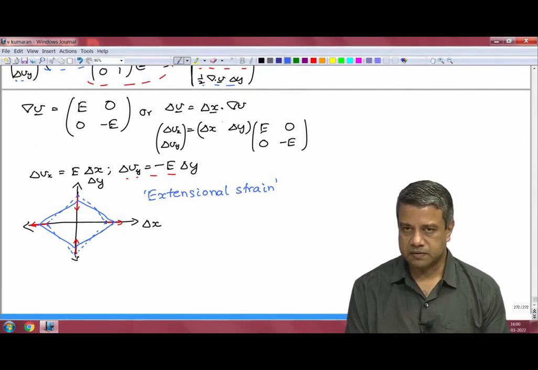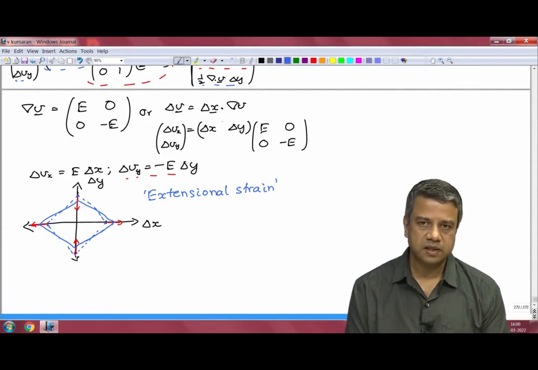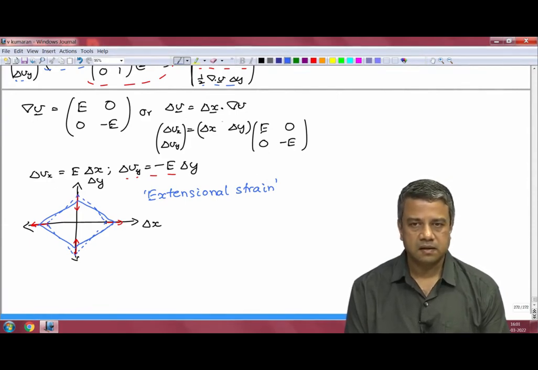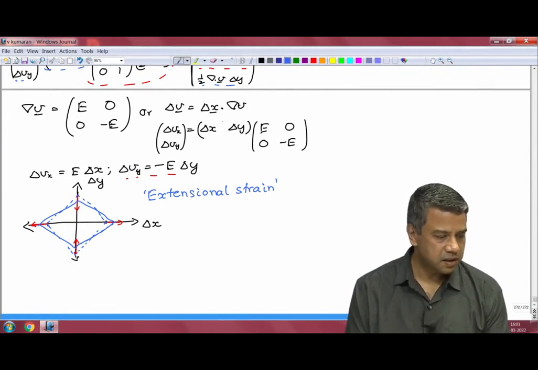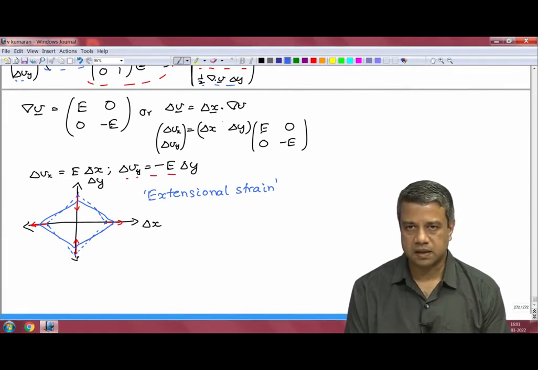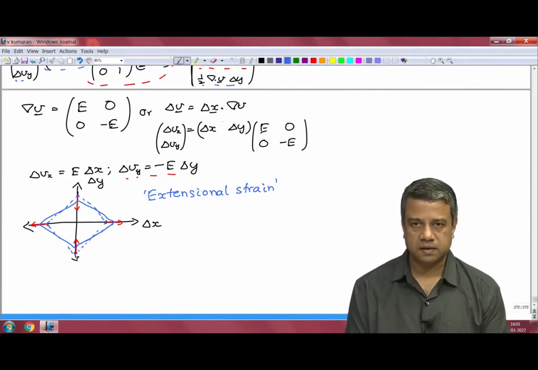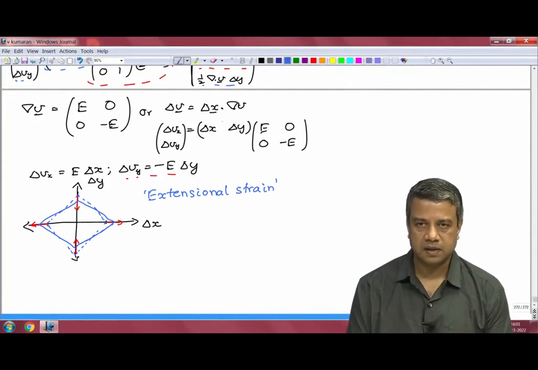In 2 dimensions, if you have a symmetric matrix, you know from linear algebra that the eigenvalues are real and the eigenvectors are orthogonal. The direction of the eigenvectors is the direction of the principal directions for extension or compression.